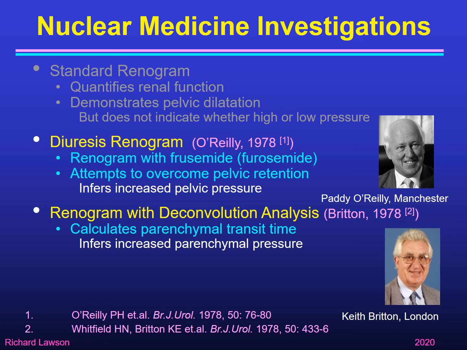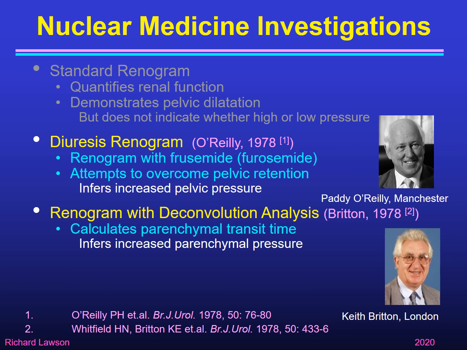So you can see that the two techniques were developed at about the same time. Keith Britton was consultant nuclear medicine physician at St Bartholomew's Hospital in London, and he was an acknowledged expert in renography. So he and his team developed some very nice techniques for calculating parenchymal transit time by deconvolution of the renogram, and using that to diagnose suspected pelvi-ureteric junction obstruction.